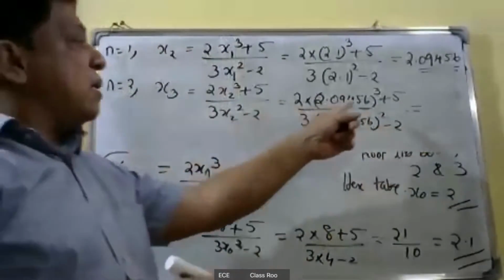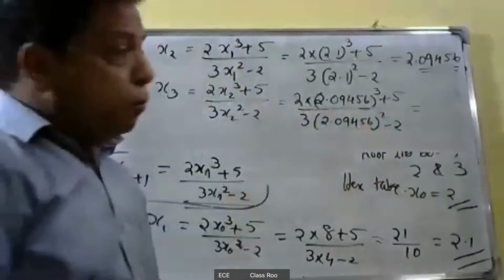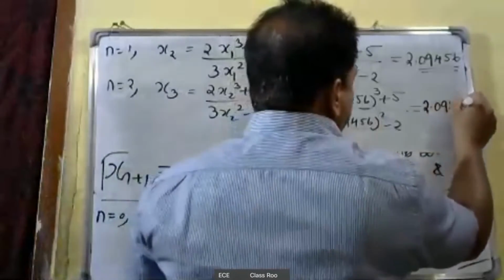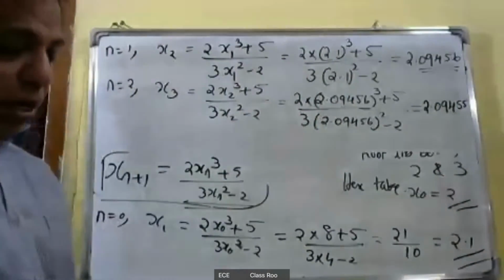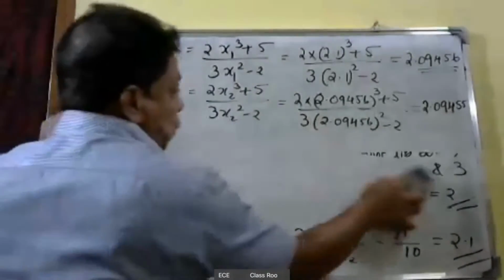By using calculator, we get the value of x3 is equal to 2.09455. Then we find out x4.